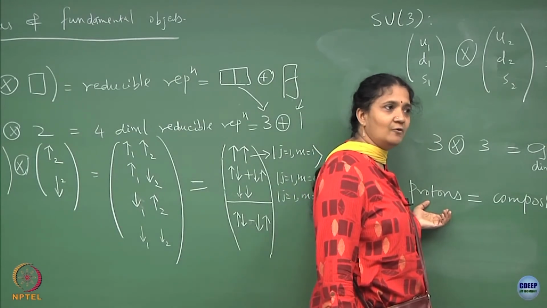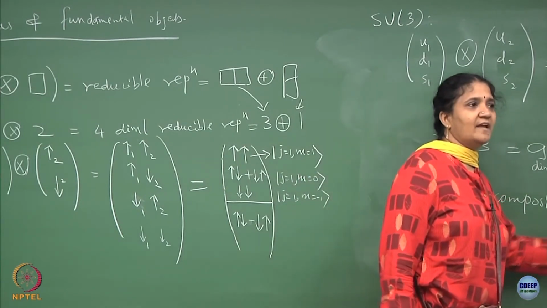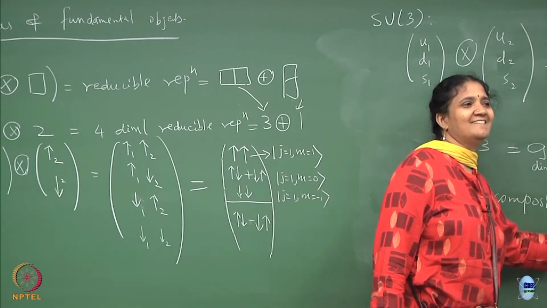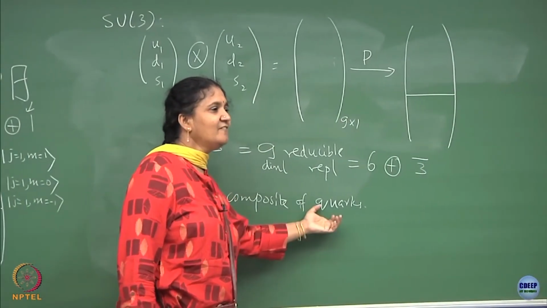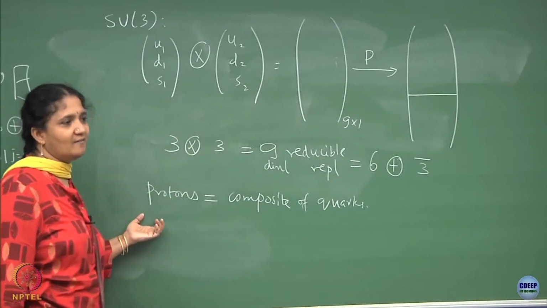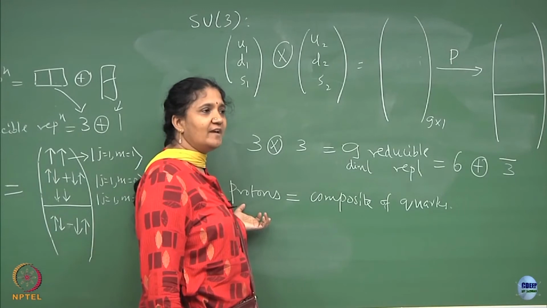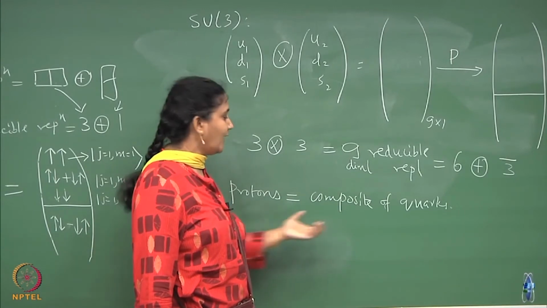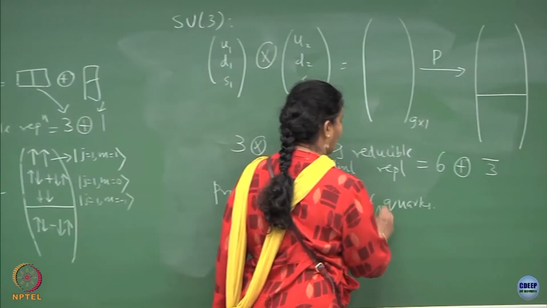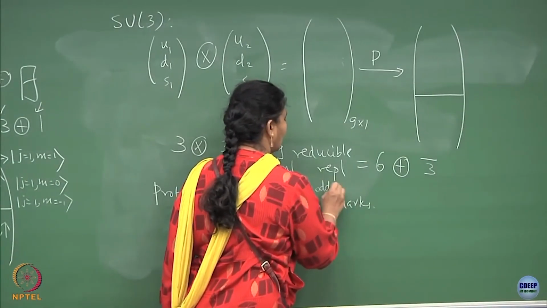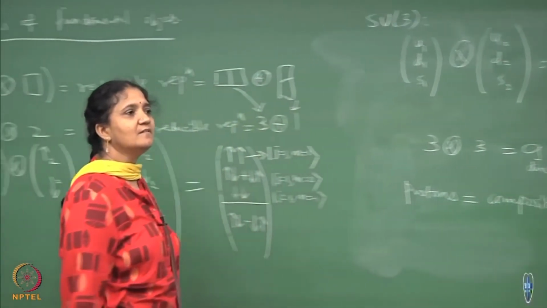Can this composite of quarks be an even number or an odd number? If it is an even number, you can never get a spin half out of it. If you want a fermionic object, you have to have a composite of an odd number of quarks. That is the first step.